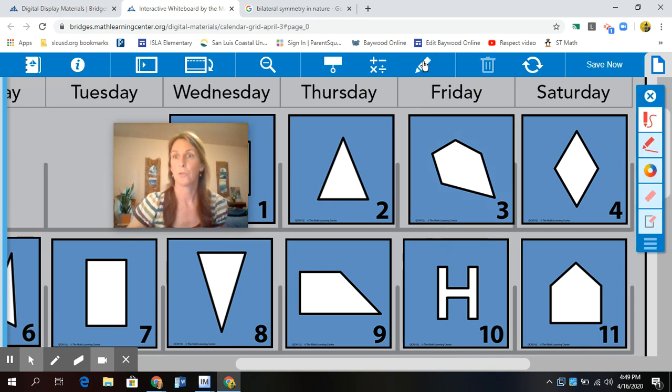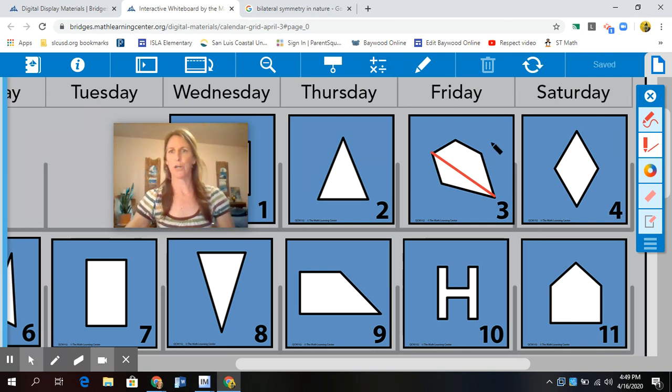So I have a tool for that. I have my drawing tools, kind of like you have on Seesaw. And I'm going to choose my pencil. And I'm going to start here. I'm going to bring it across. Ta-da! Symmetrical? Does that part look exactly like that part?